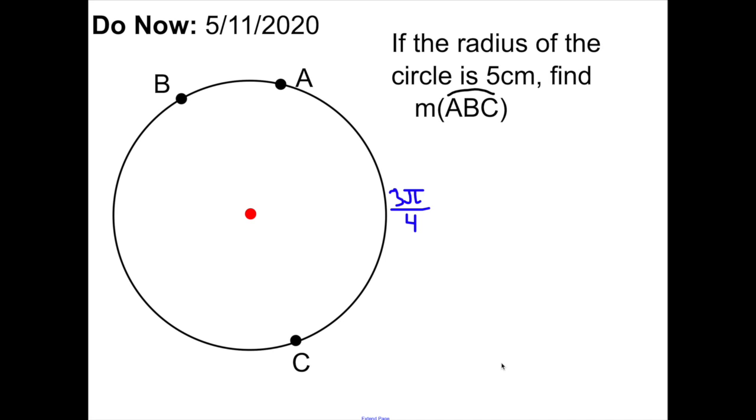To help us summarize and recap what we learned with the circles, we're going to try this problem. Suppose the radius of this circle is 5 centimeters.